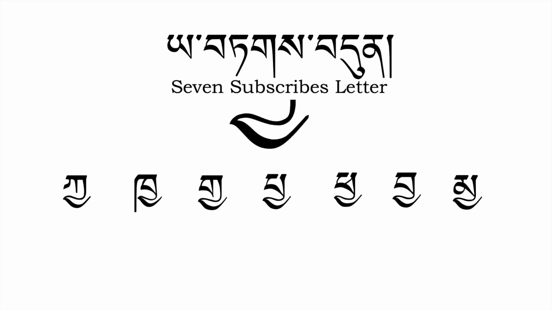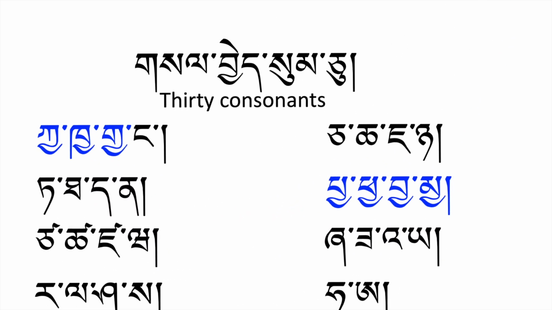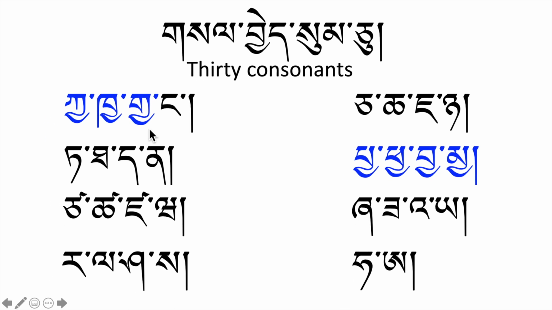Okay, let's check the next one. So here you can see Sumju, that means thirty consonants, right? There are thirty. Among the thirty consonants, only seven letters can have a rocking chair.